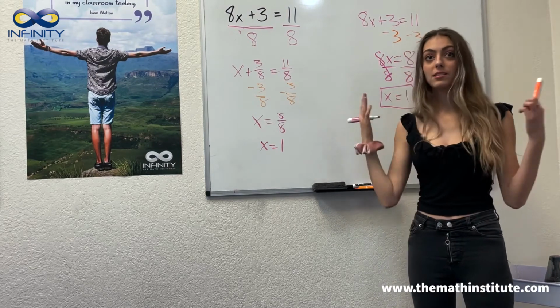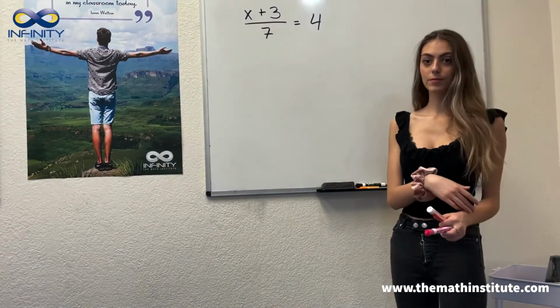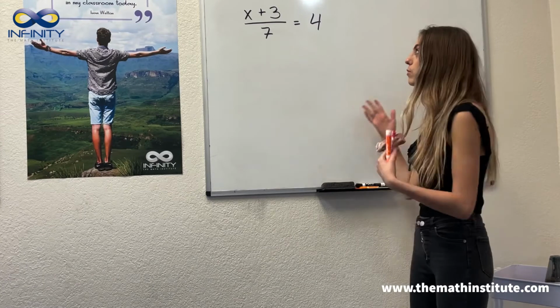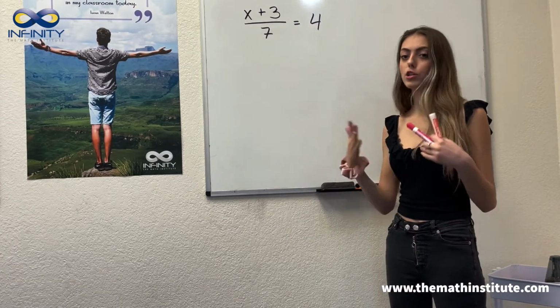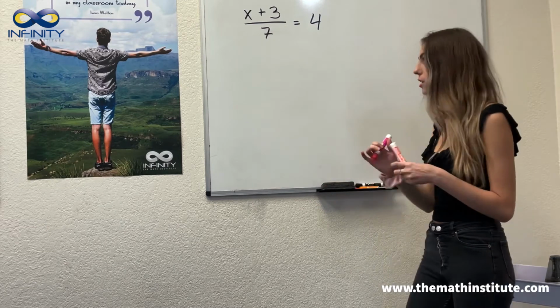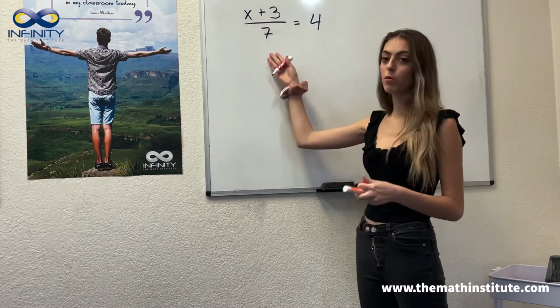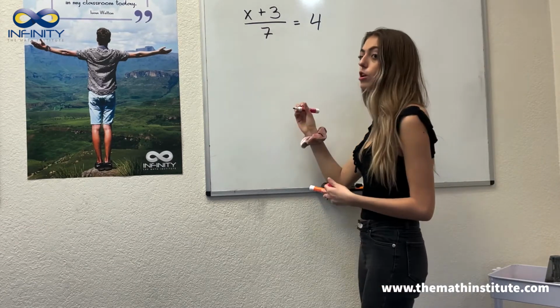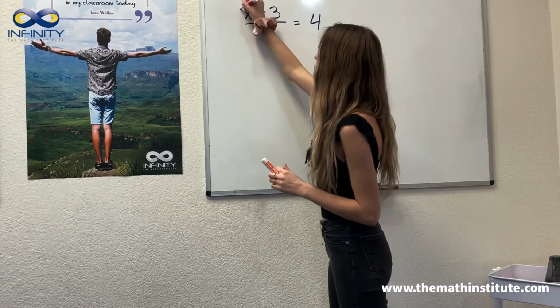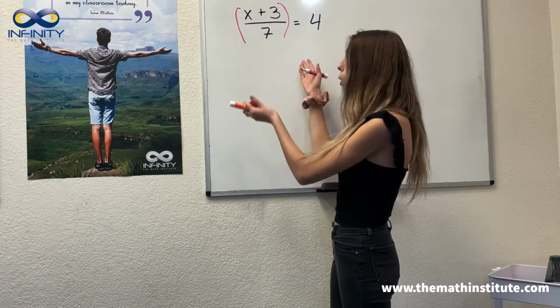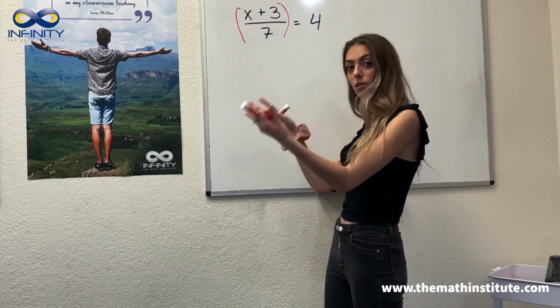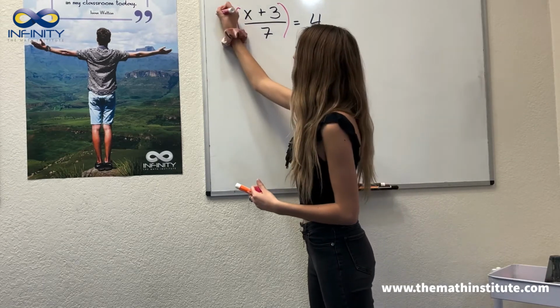Now let's take a look at some other examples. In this example, I will explain why it'll be a lot easier to do MPO before APO, so it just really depends on the example that you're using. So here we would rather just get rid of the fraction of the denominator, so we are going to put parentheses, and multiply the whole left and right side by 7.